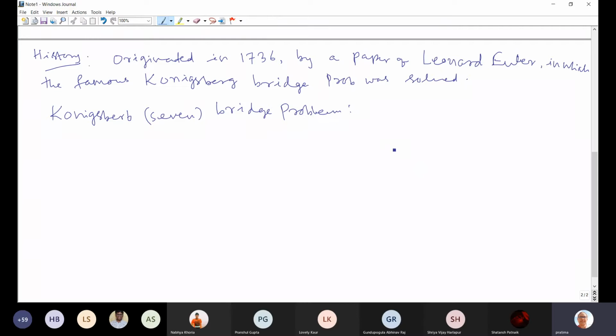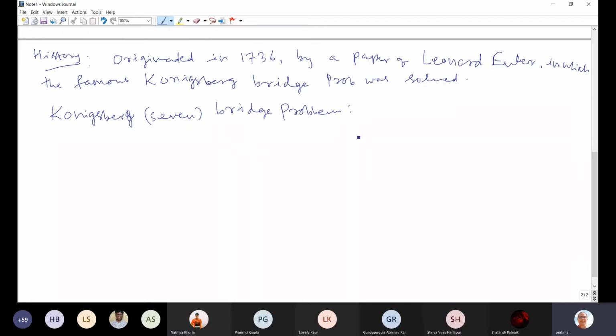It is like this. Königsberg was a place in Soviet Russia at that time. I think now the name of this place is different, but it is in Russia only.